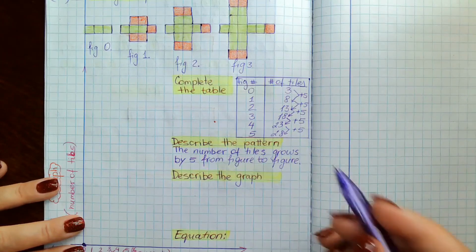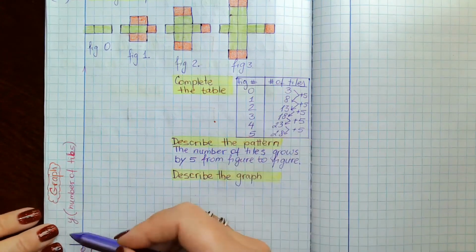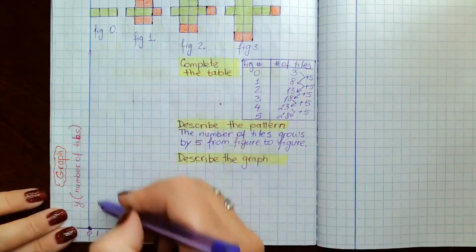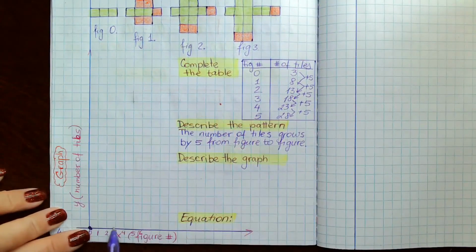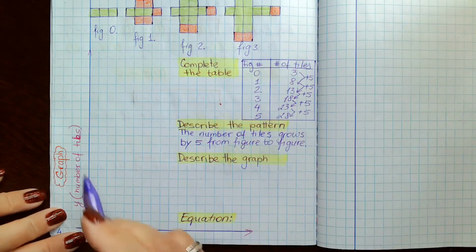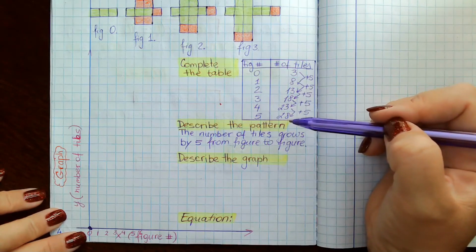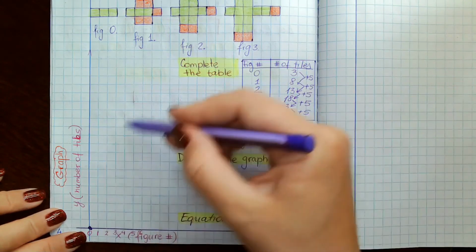Then I'm going to use this chart to create a graph. So I'm using the border of my page for the y-axis, and then one line I'll trace here on the bottom for the x-axis, because it is a big graph and the numbers grow, and I'm going to use a lot of space.